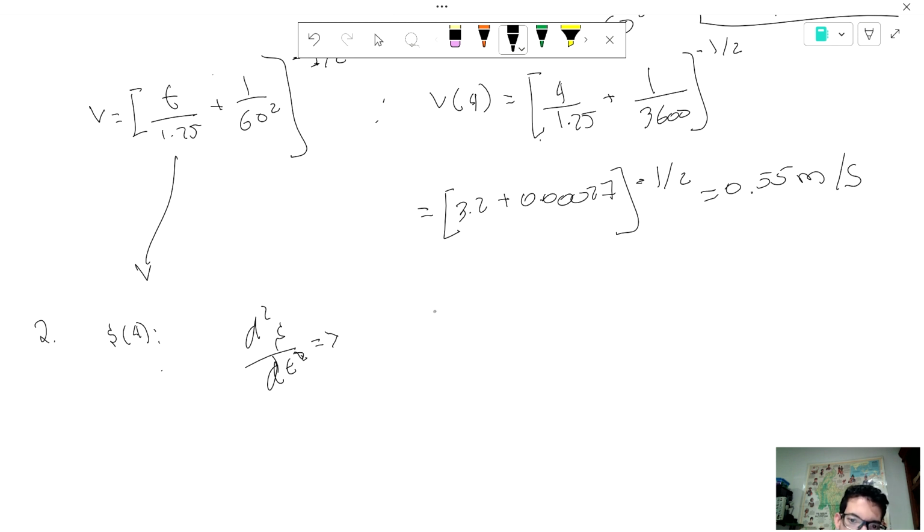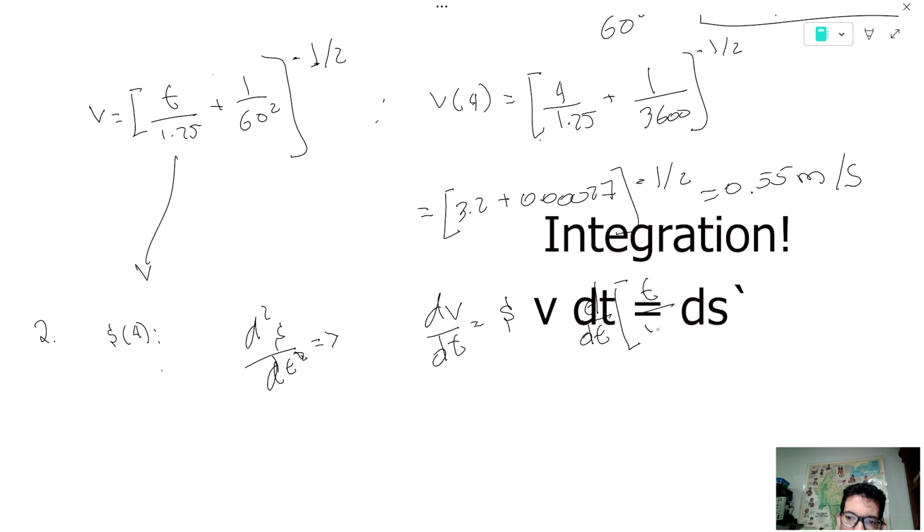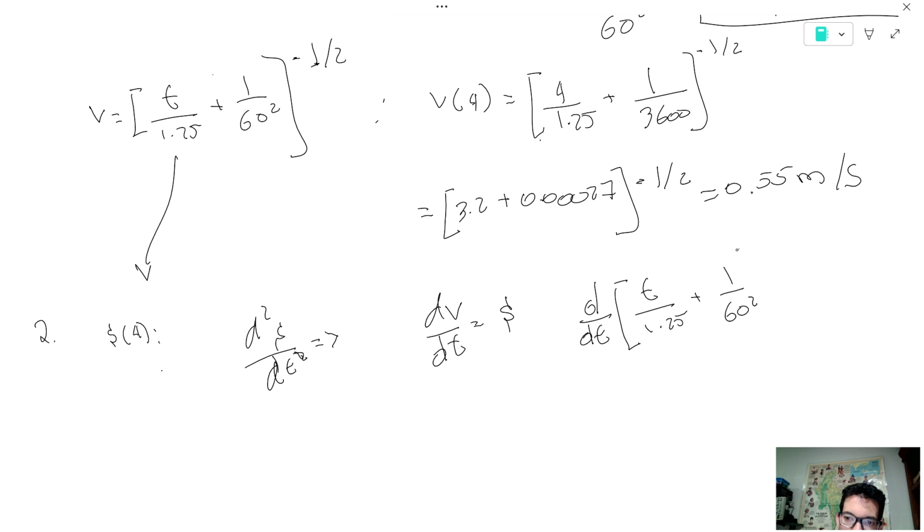So what we can do instead is that the derivative of the displacement with respect to time is equal to the velocity. So basically we have to integrate this function again. So we have to take the integral, with respect to time, of t over 1.25 plus 1 over 60 squared, to the negative 1/2. Okay, that will be our distance.